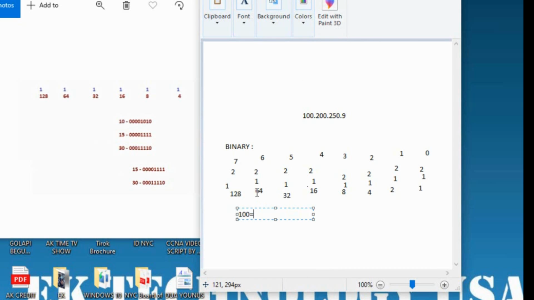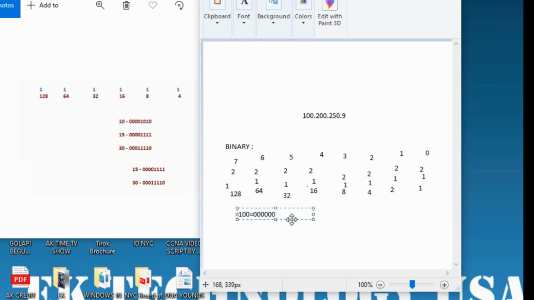First of all, look at 128: there is no value. 64 has no value, 32 has no value, 16 has no value, 8 has no value.